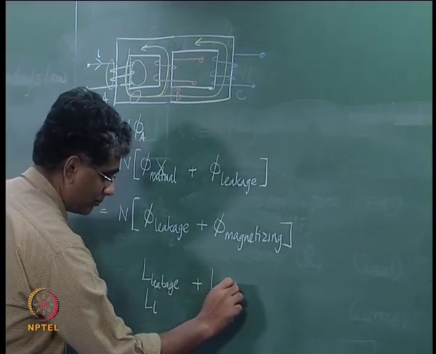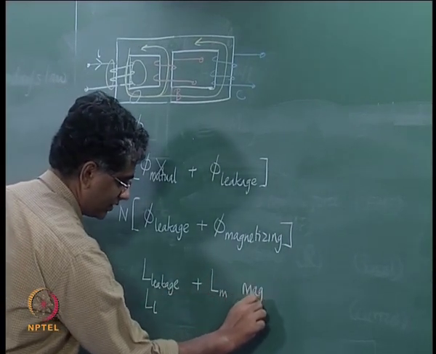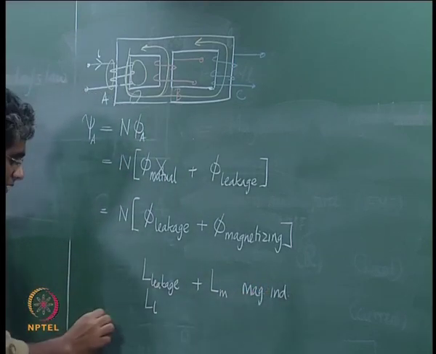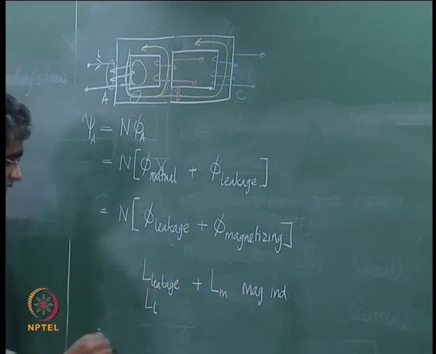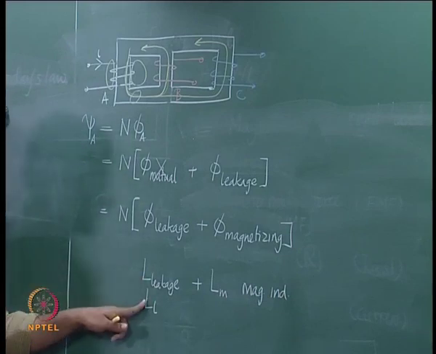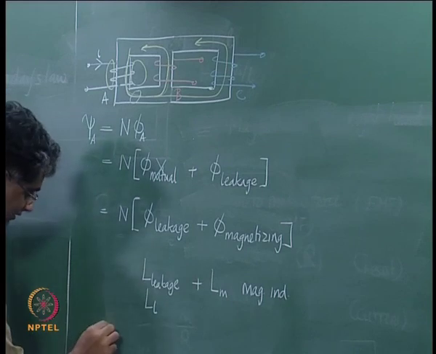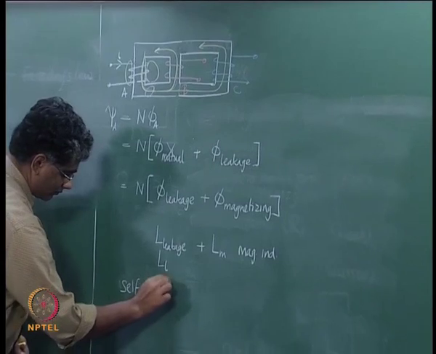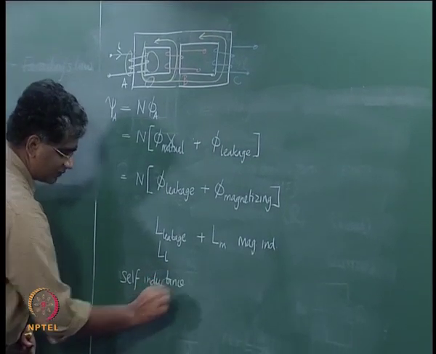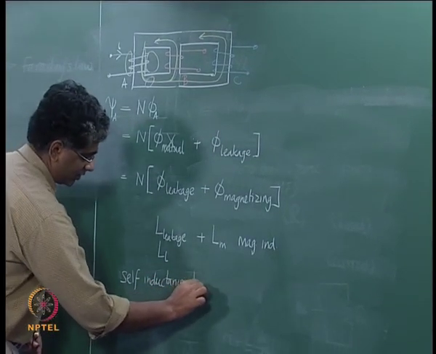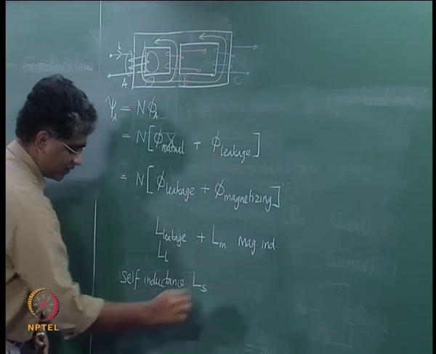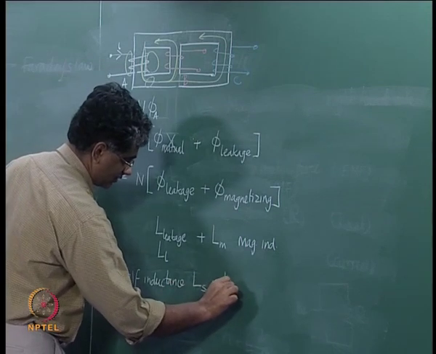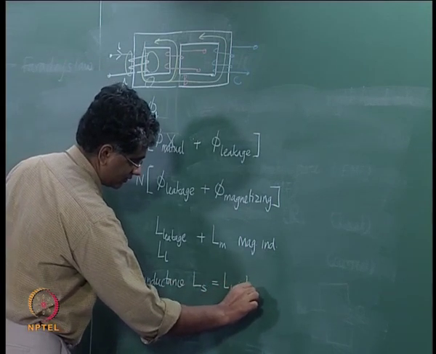This is the magnetizing inductance, this is leakage inductance, and these two together, leakage inductance plus magnetizing inductance, is called the self inductance. Self inductance, which is normally given the symbol Ls, can then be written as LL plus Lm.